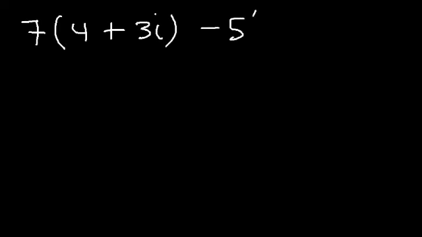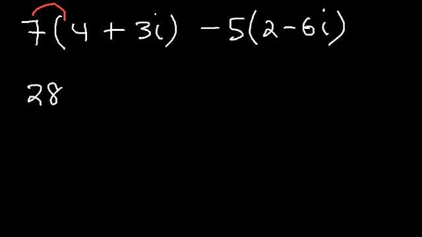Go ahead and simplify this problem. 7 multiplied by 4 plus 3i minus 5 times 2 minus 6i. So first, let's distribute 7 to 4 plus 3i. 7 times 4 is 28, and 7 times 3i is 21i.